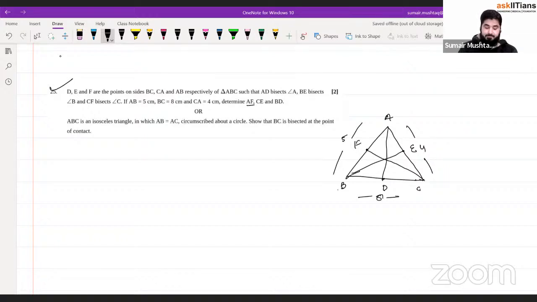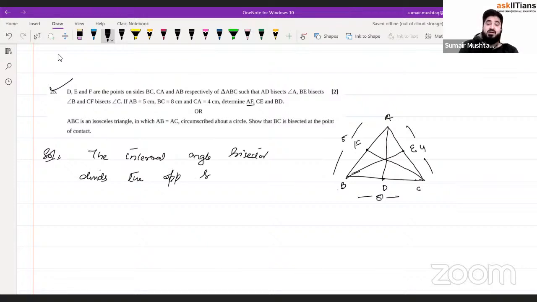Okay. See, as I told you, the solution: the internal angle bisector divides the opposite side in the ratio of the sides containing the angle.